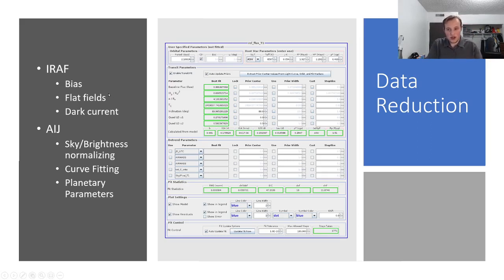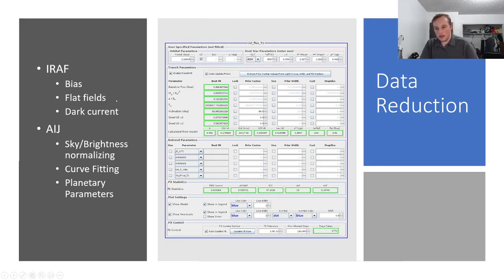We can also then check for bad pixels by taking flat fields. Flat fields are just pictures of the night sky where there are no stars, nothing to be observed, just a flat picture. And we can then average them together and also divide them out using IRAF. And IRAF is a Linux program that allows us to do pixel by pixel analysis of these images. There's also the dark current, but for WIRO the dark current is negligible, so we ignore it.